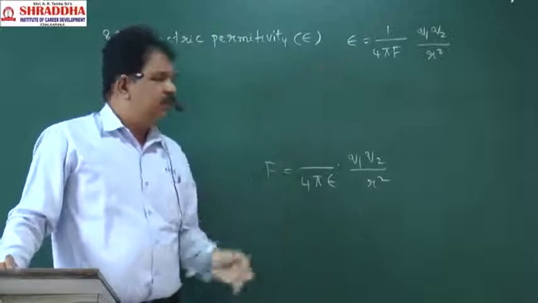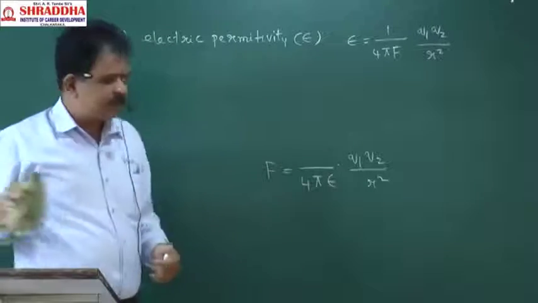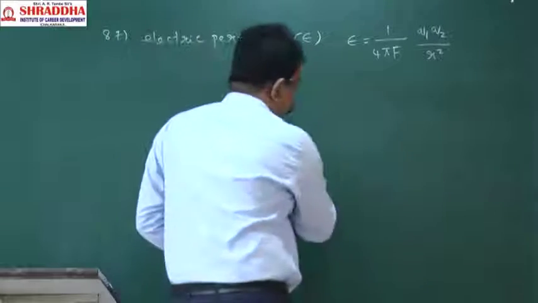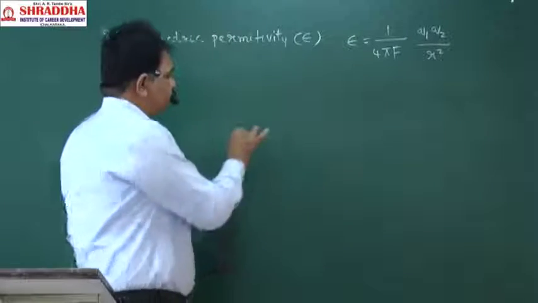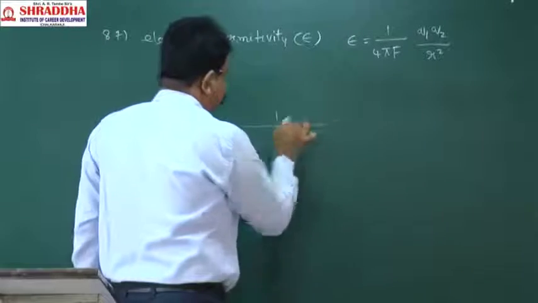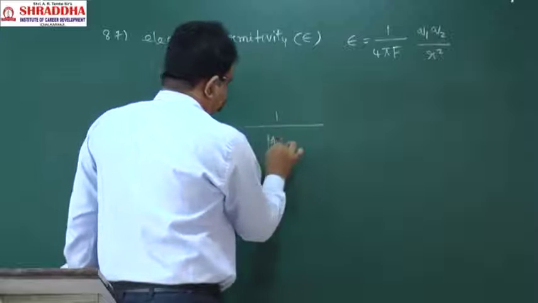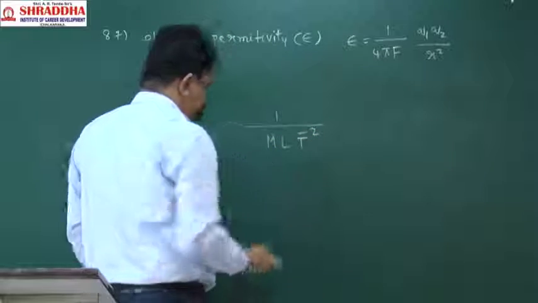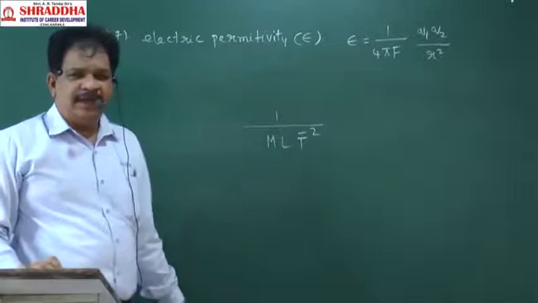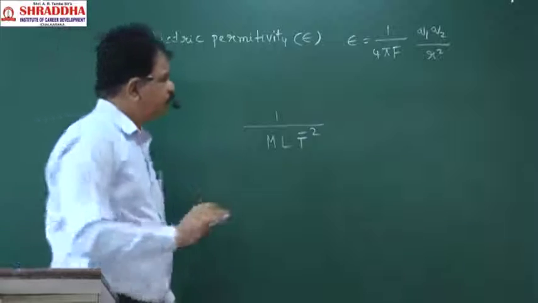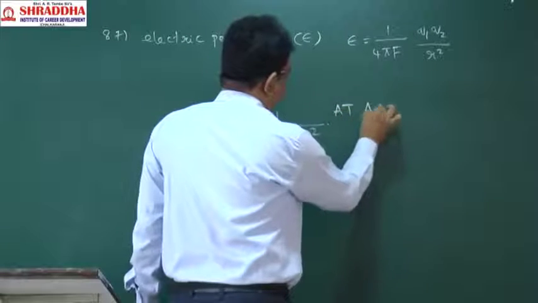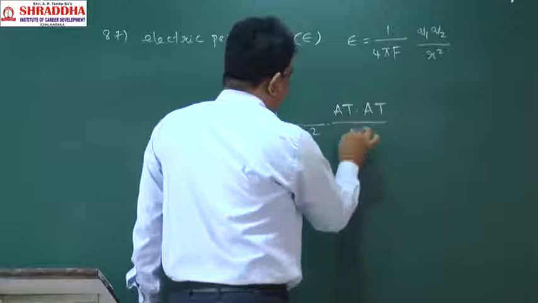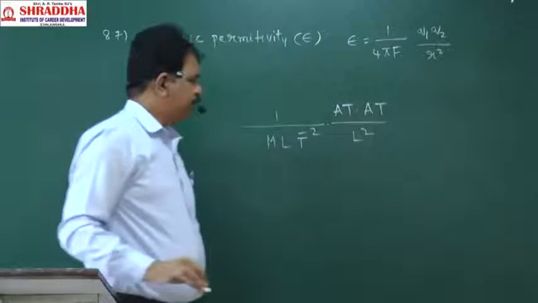Then you substitute the dimensional formulas, and you will get the dimensional formula of permittivity. 1 by 4 pi means constant. Force has dimensional formula MLT power minus 2, Q1 Q2 is AT by L square.